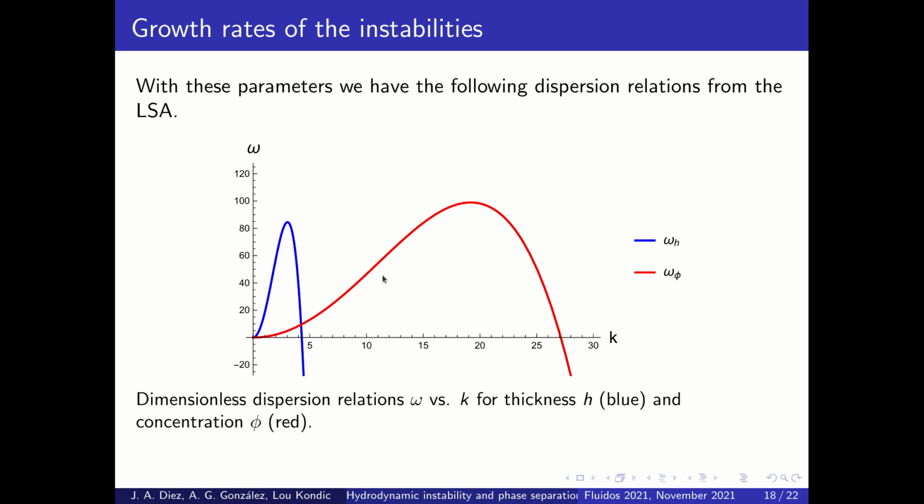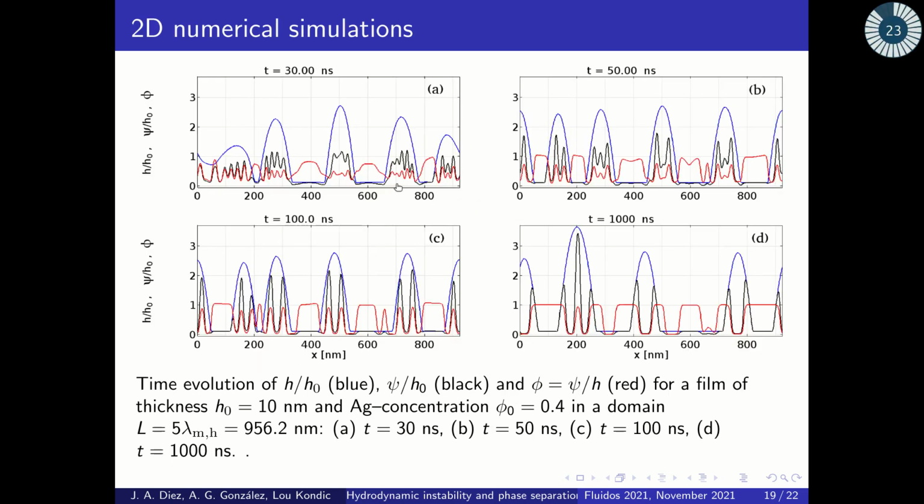But I was starting to talk about the numerical simulations, and these are numerical simulations along one direction x. We start with a film that we perturb, and along the time we try to observe what type of drops we get.